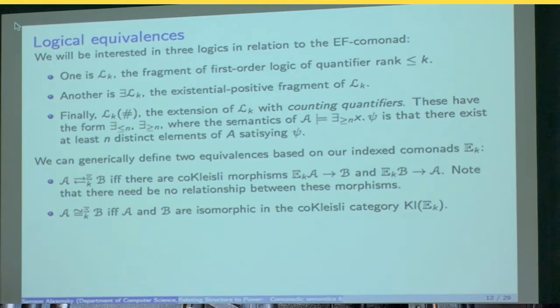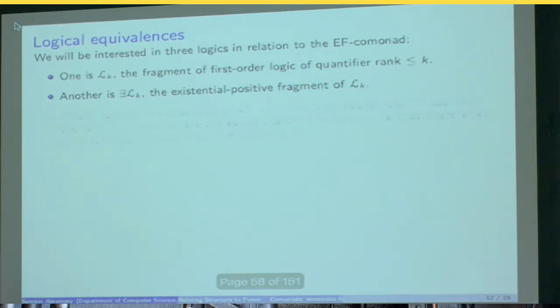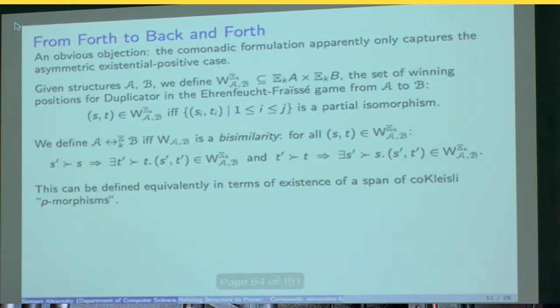Now, I'm going to use the comonad to induce equivalences on structures without mentioning logic. That's the game we're playing, and then show how these match up to our logical equivalences. So I gave a definition here that used some somewhat specific structure of the situation that we have.